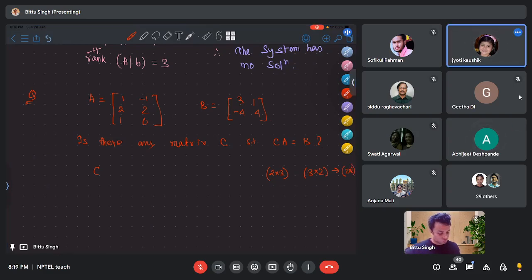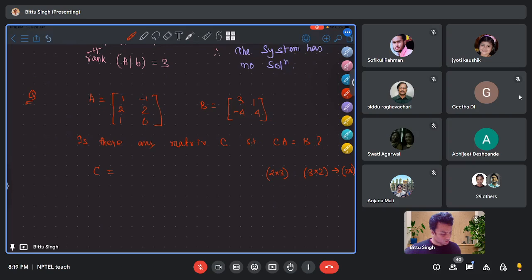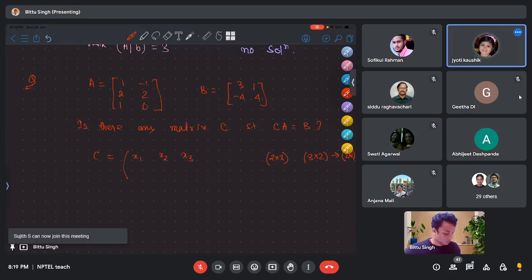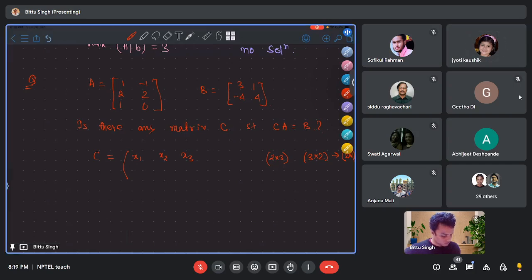Exactly. So C is a 2 by 3 matrix. Assume C is like this: x1, x2, x3 in the first row, and another row x4, x5, x6.